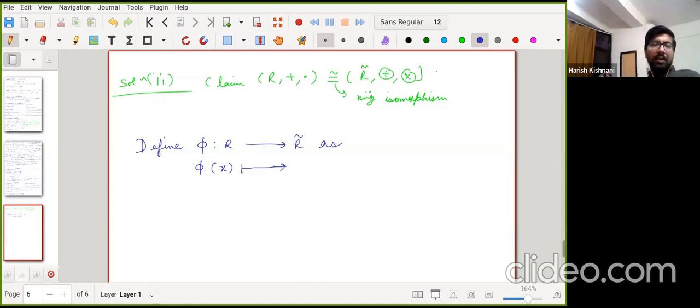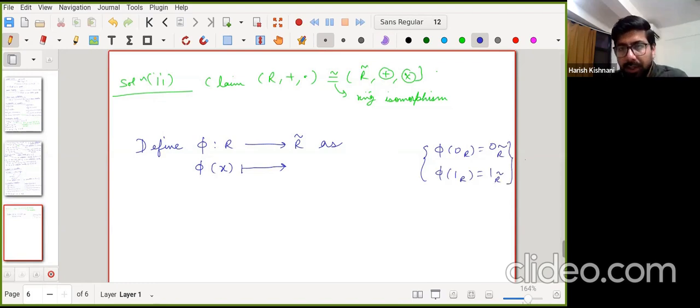See, we want to make the multiplicative identity of the first ring be mapped to the multiplicative identity of the second ring, and also you have the information that the additive identity has to be mapped to the additive identity. So for something to be a ring homomorphism, at least you need phi of 0_R to be 0 of R tilde, and phi of 1_R to be 1 of R tilde.